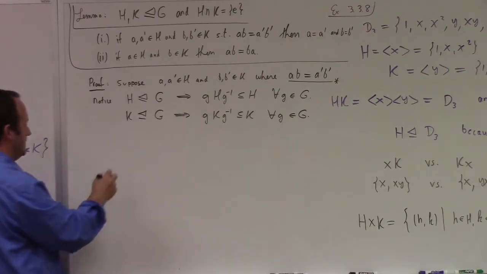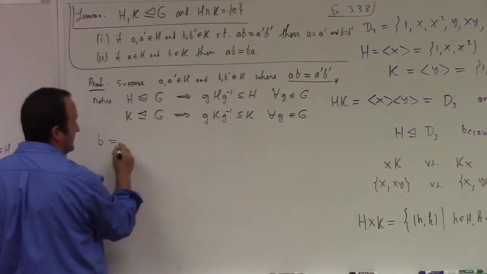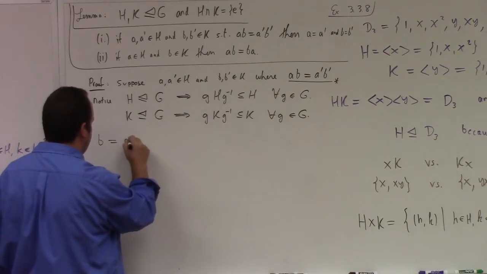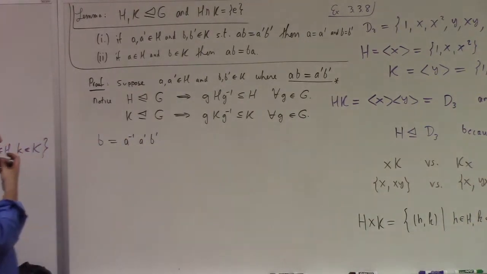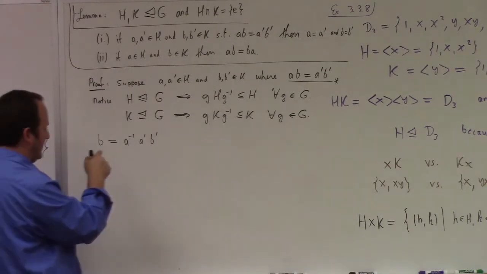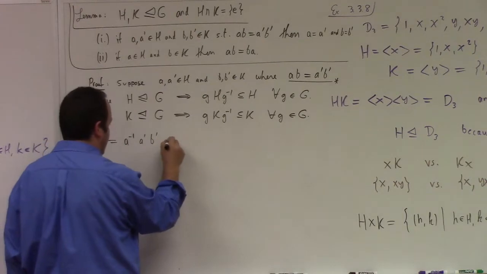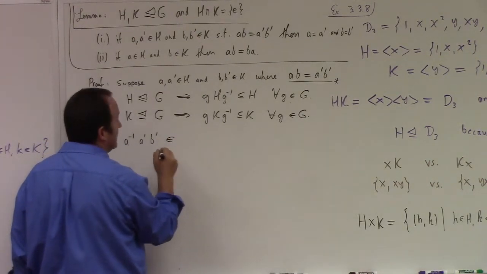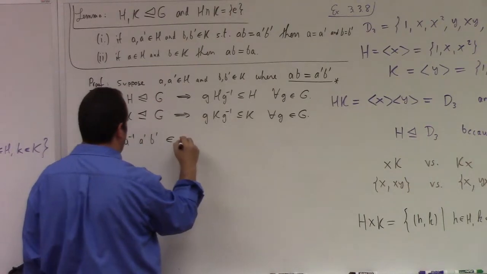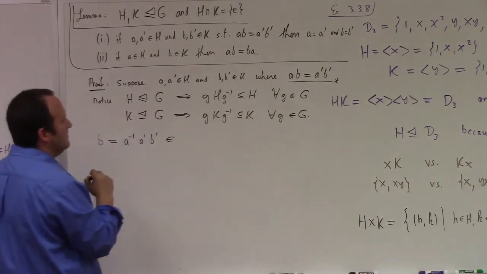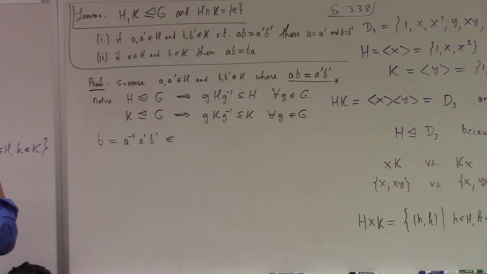How would you solve for b? b equals to what? b is equal to a inverse a prime b prime. So what does that say about a inverse a prime b prime? This is an element of, what is it? K, yeah. Well, wait, you said K? Oh, because where's b?